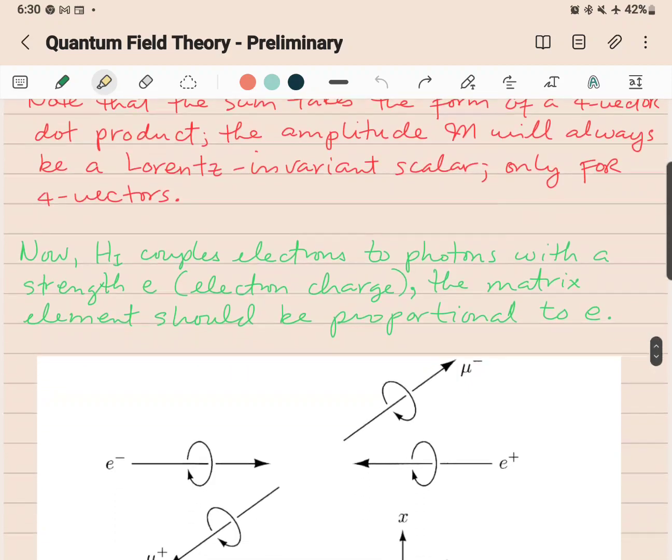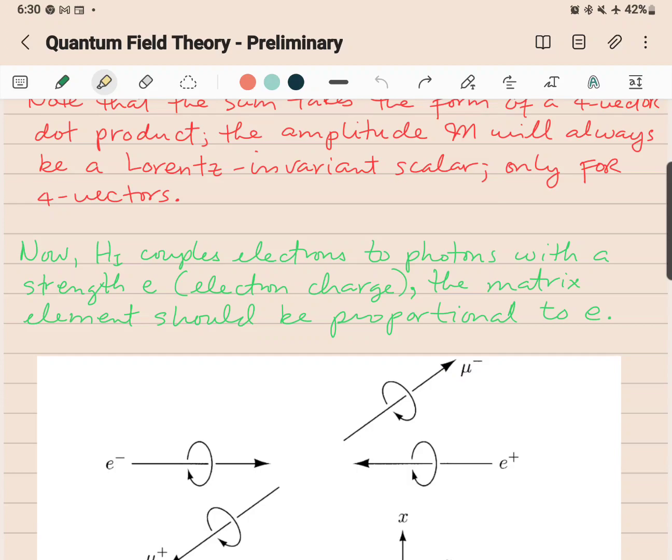Now, for H_I, the interaction Hamiltonian couples the electrons and the positrons to the photons with a strength of e. That is the coupling strength.